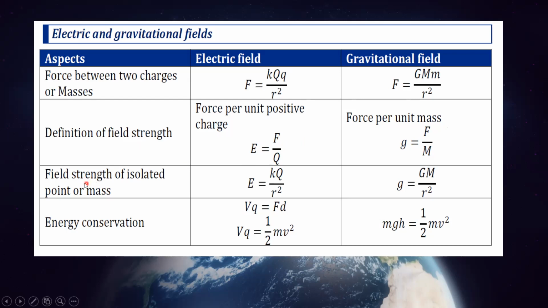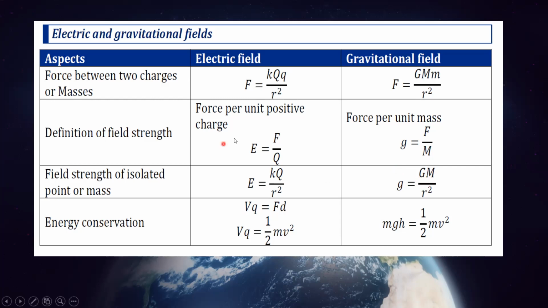If we want to find the field of an isolated charge or isolated mass, meaning the charge is alone and not affected by any other nearby charge, we can find the strength using the formula kq over r squared. And for the strength of gravity for an isolated mass, it is given by the formula GM over r squared.